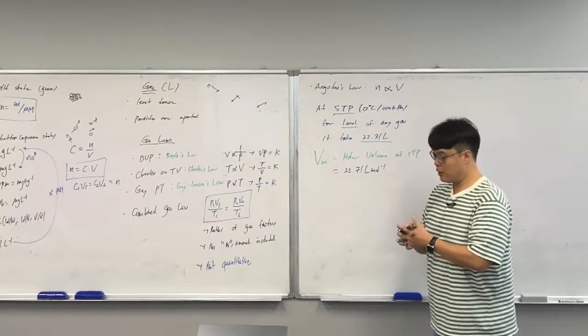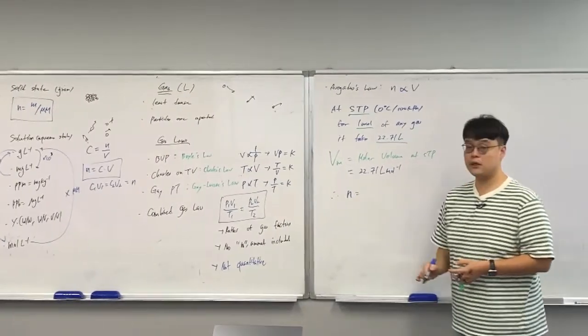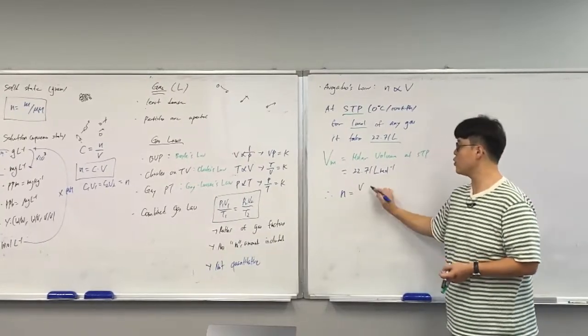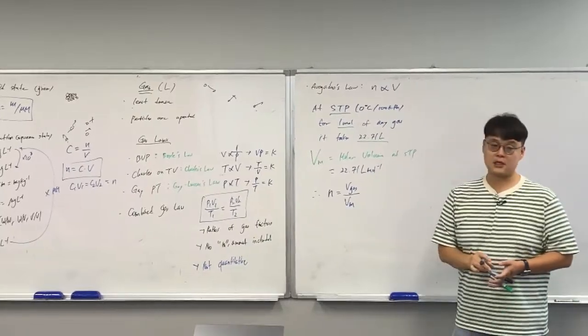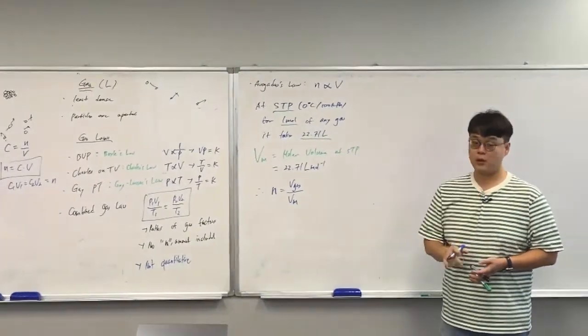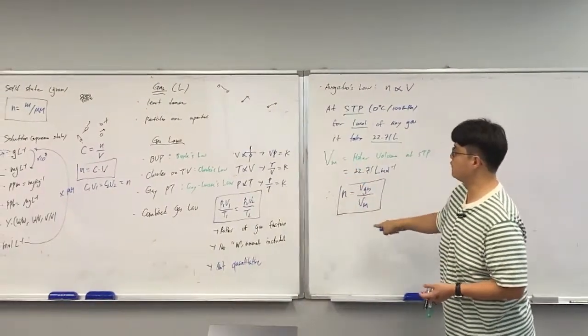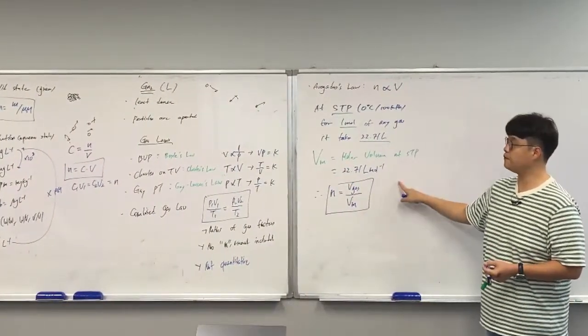So we can rewrite that: the number of moles is equal to the total volume of the gas you have, divided by the molar volume at the given temperature and pressure. This is the fourth equation for the number of moles, given STP.